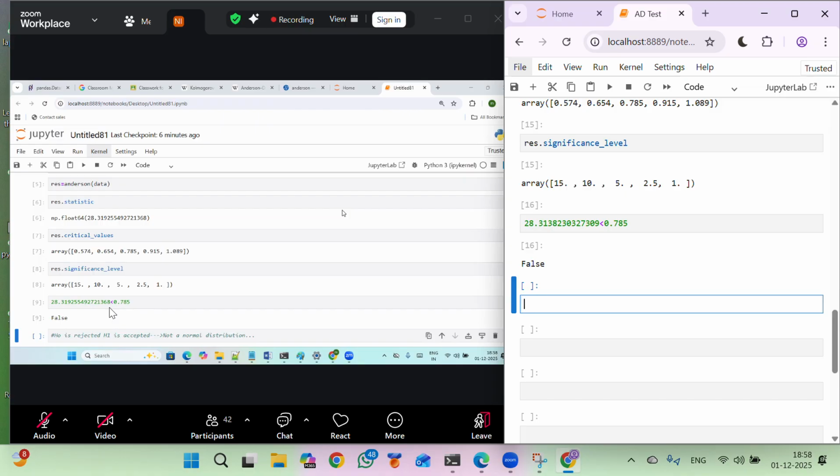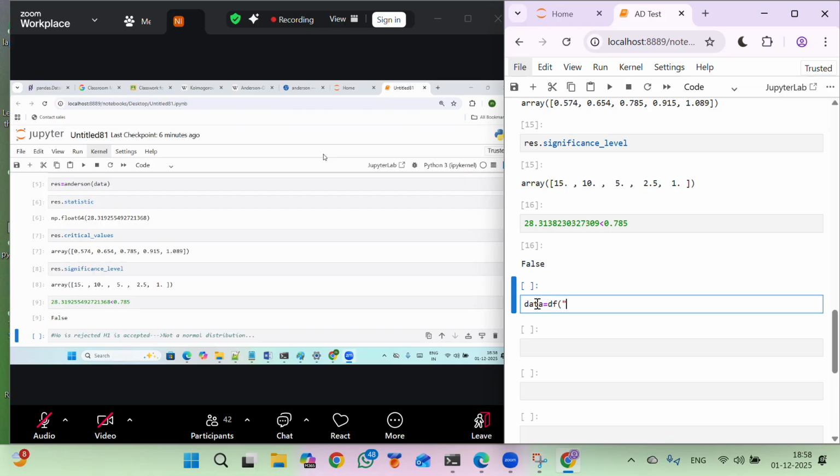Check for all the columns, guys: sepal length, sepal width, petal length, petal width.